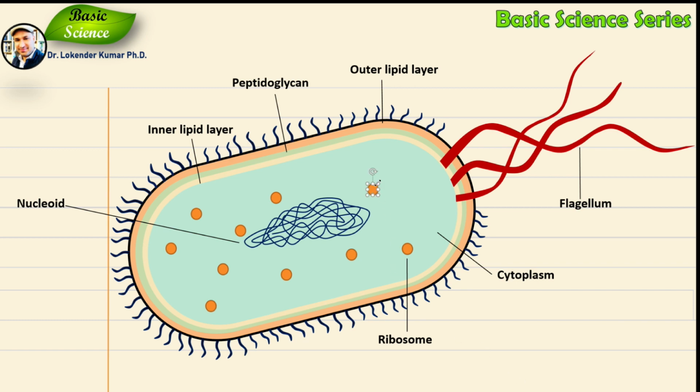Maybe we can make some more ribosomes just to cover the emptiness of the cytoplasm. Okay, great. So this is our bacterial cell, and you can see all the basic structures of the bacterial cell.